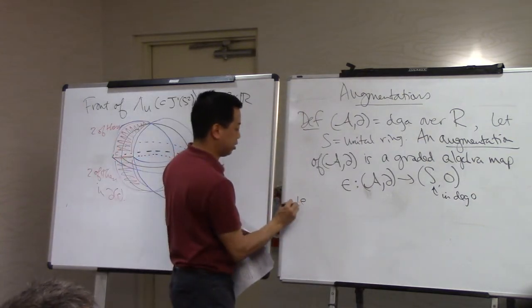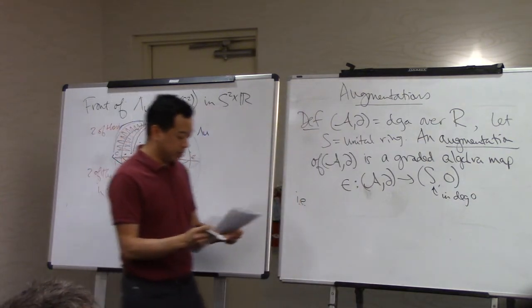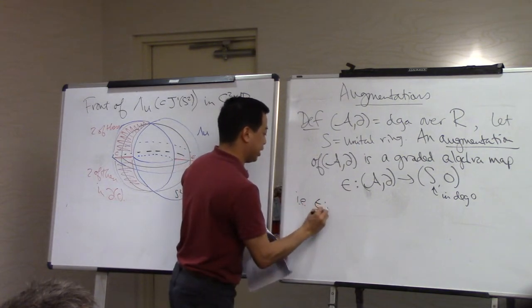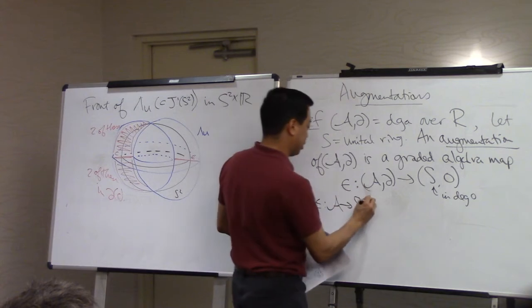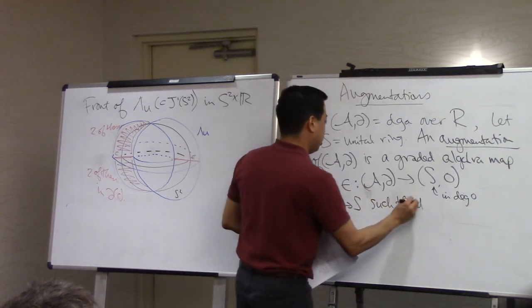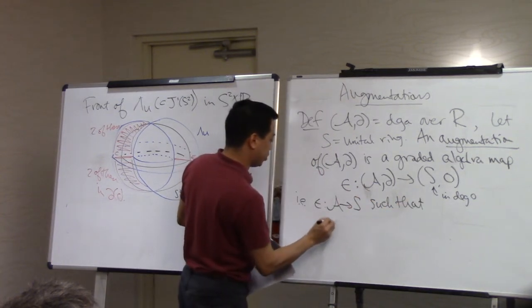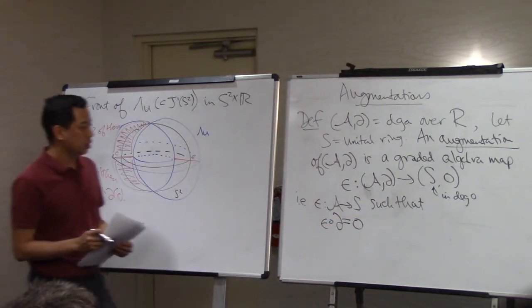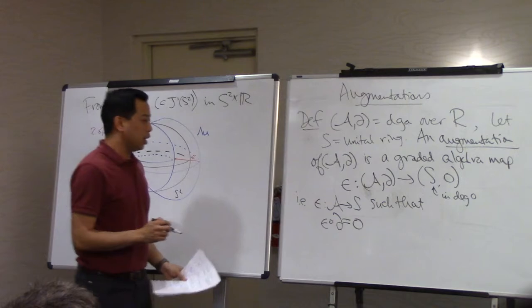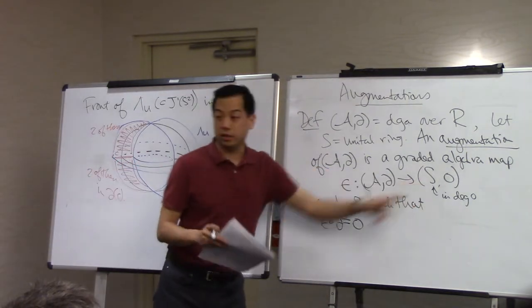In other words, what does this mean? This is an algebra map from A to S, such that two things hold. One of them, the most important one, is that it kills the image of the differential on A. That's the fact that it maps it to the zero differential here.